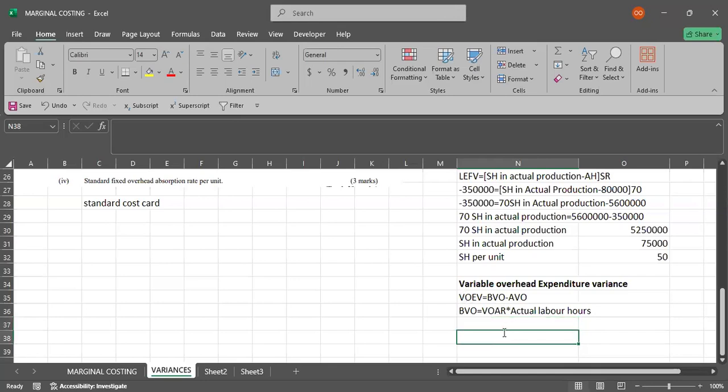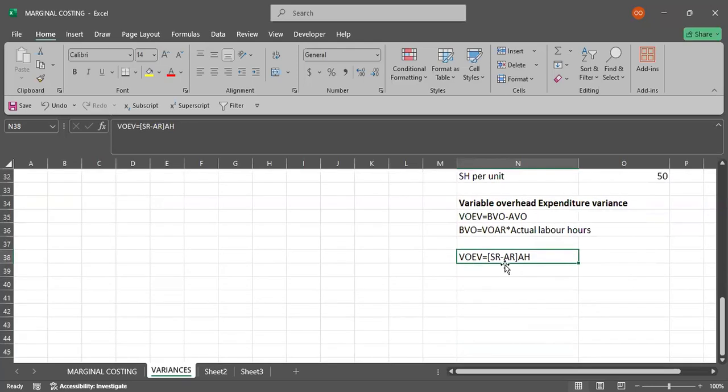Method two: variable overhead expenditure variance is equal to standard rate minus actual rate, then you multiply by actual hours.